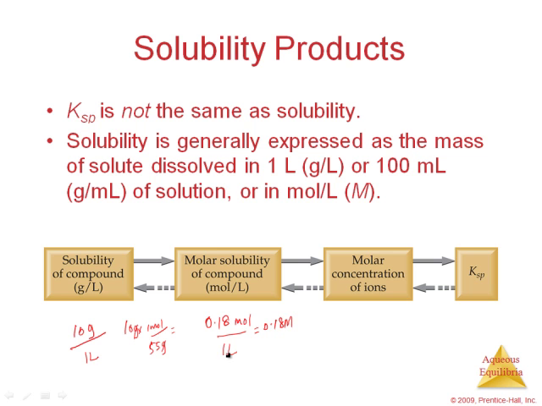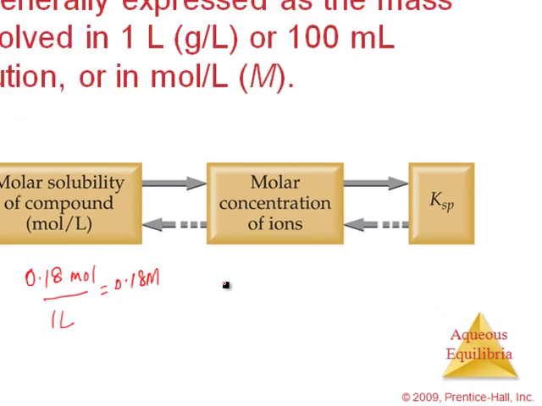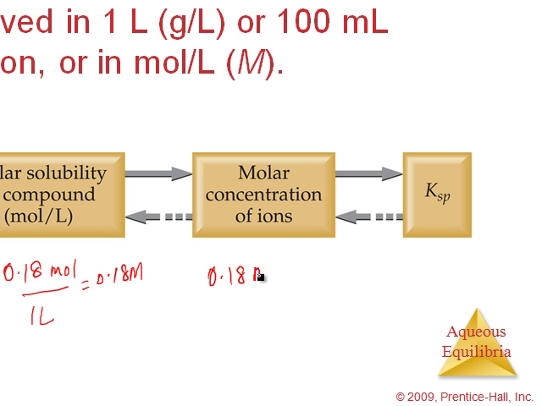Now, this is NaCl we are talking about. If 1 mole of NaCl dissociates, how many moles of Na+ do we have? How many moles of Cl-? It is a 1:1 mole ratio, right? So if 0.18 molar NaCl dissociates, I will get 0.18 molar Na+ and 0.18 molar Cl-.